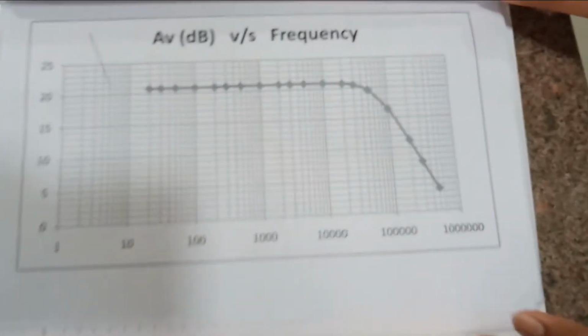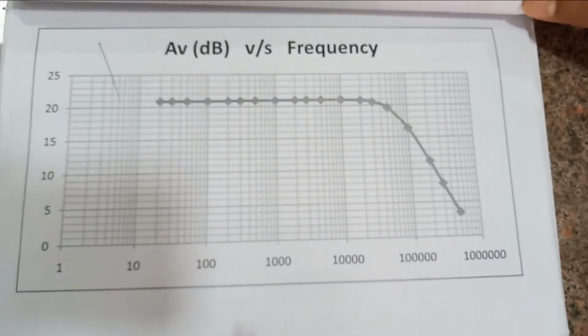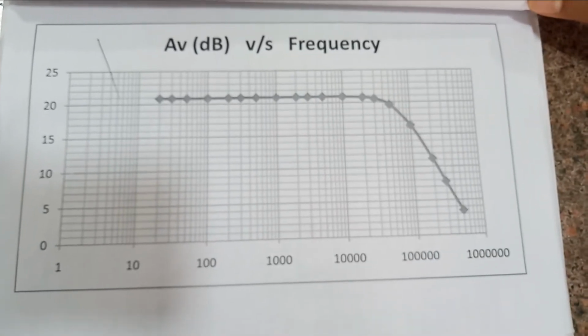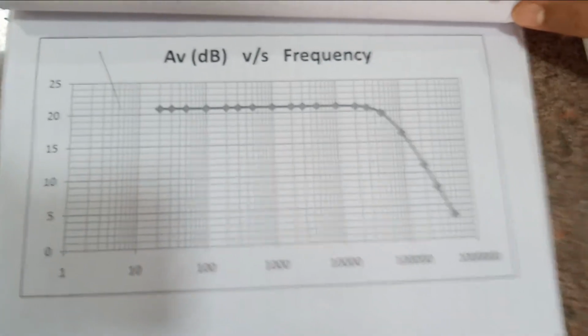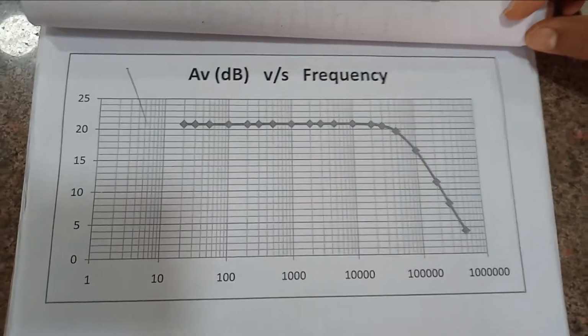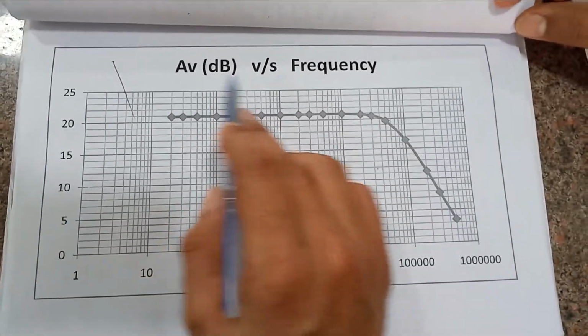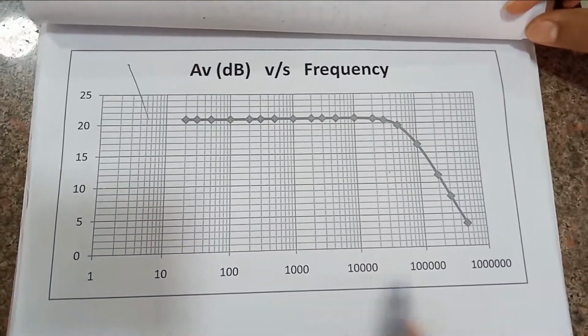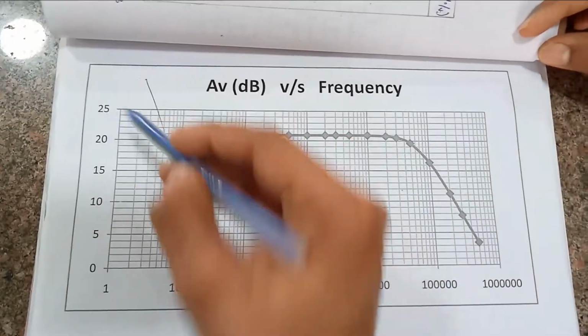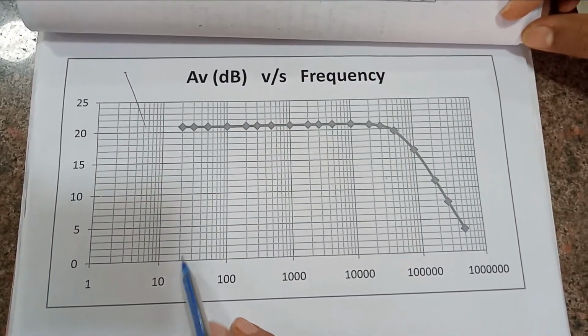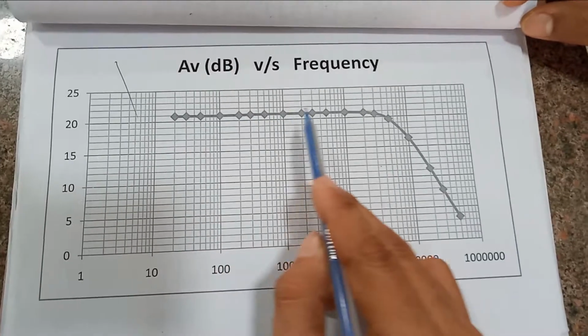Okay, after finding this, you have to plot a graph of AV versus frequency. This is the frequency axis and this is the AV axis, right? This is starting from 20 hertz to 50 kilohertz.